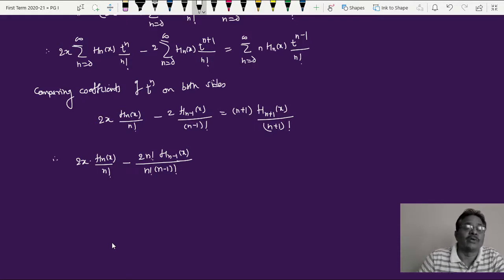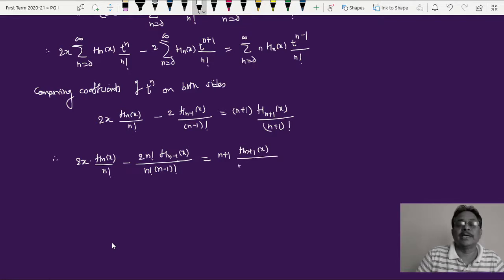Now 5 factorial into 4 factorial is 5 factorial, or rather n factorial into n minus 1 factorial is n factorial. So is equal to n plus 1, and here this term can be written as h_{n+1} of x, and this can be written as n factorial into n plus 1.